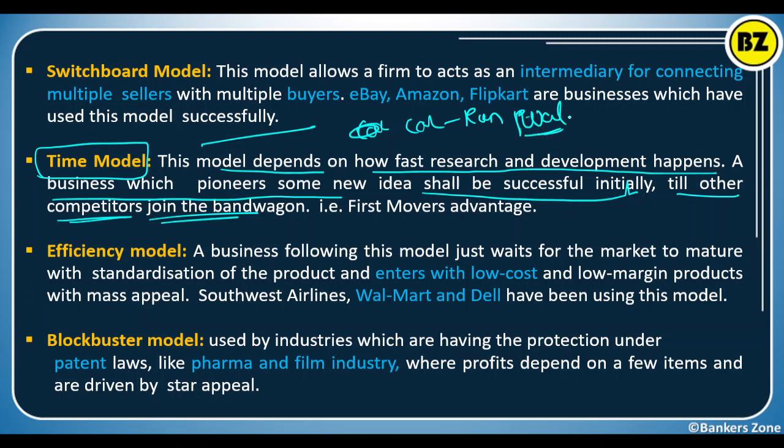Okay, suppose you have invented it, you have started the production, and you become one of the top brands. So this is nothing but the first or early mover's advantage in the market. You have an idea, you have started production on a huge scale, you become the brand. That is the time model.